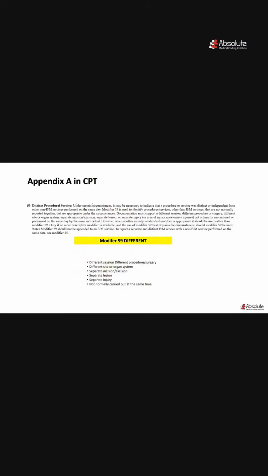And where do you get this language from, Mrs. J, about different modifier? Well, I got it in Appendix A. In Appendix A, they define all of the modifiers, and I'm always referencing modifier 59 just to make sure, but I clarified it for you.